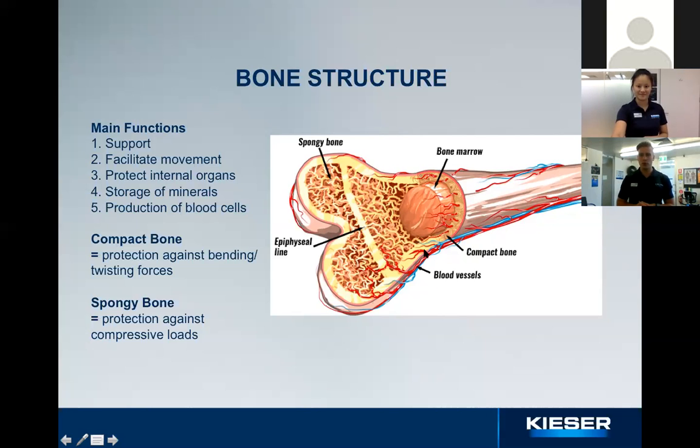This type of bone is really beneficial in protecting against any form of bending or twisting forces on the body. And then inside that, you can see that spongy looking bone, which is referred to as spongy bone or trabecular bone. And this protects against compressive forces and compressive loads. So the 2 forms of bone work together to absorb force and prevent fracture or breaks within the bone.